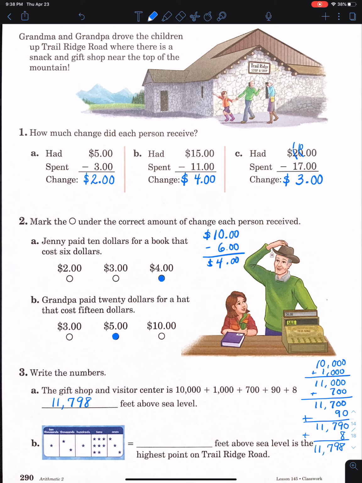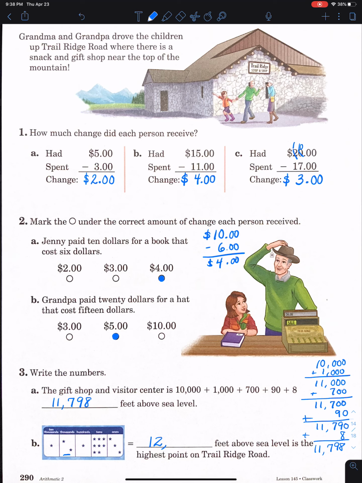And now we have to write down the number from the star chart. Blank feet above sea level is the highest point on Trail Ridge Road. So how many 10,000s are there? Well, there's one star in the 10,000s place. How many 1,000s are there? 2. 2 stars right here.